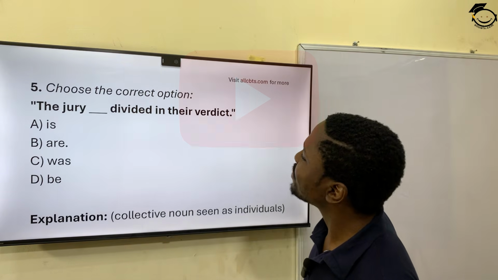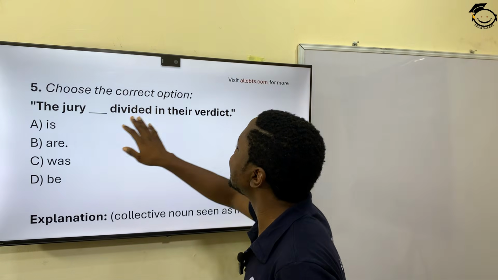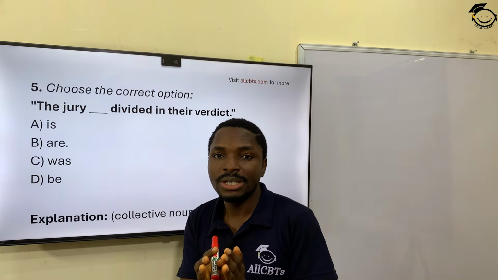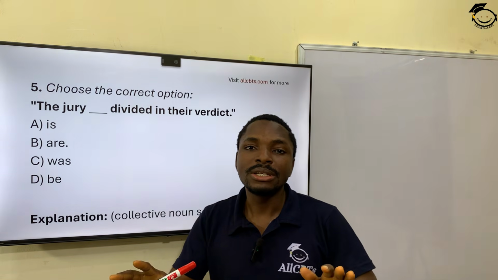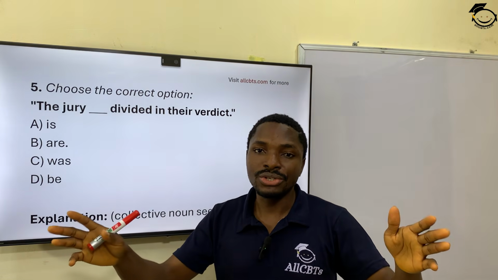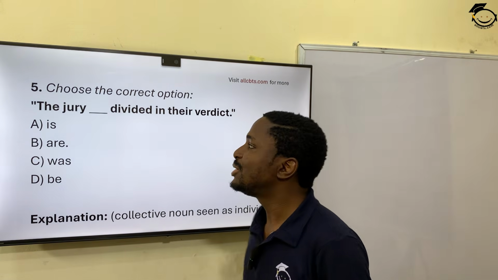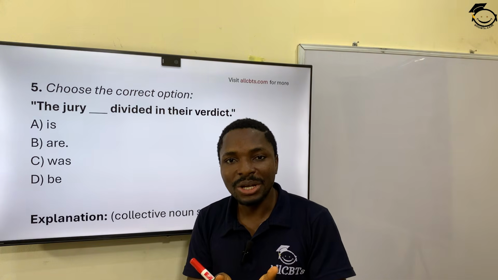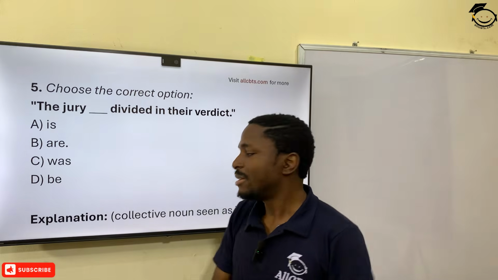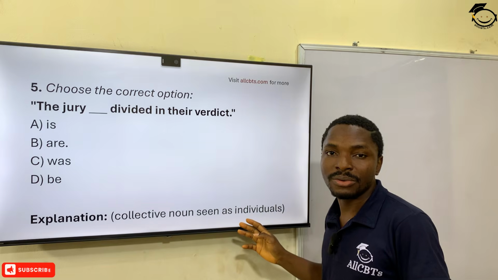Question 5. Choose the correct option. The jury dash divided in their verdict. Now, the jury is a group of jurors. They are the ones in the law court that hear the cases presented by the lawyer. They work with the judge and determine if a person is guilty or not guilty. The jury is a collective noun, but they often represent individuals too.